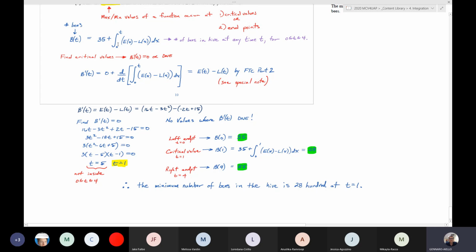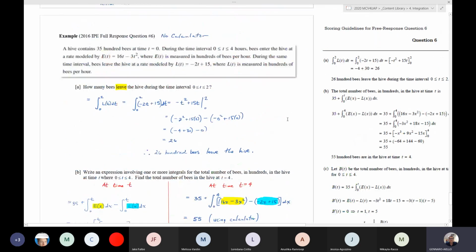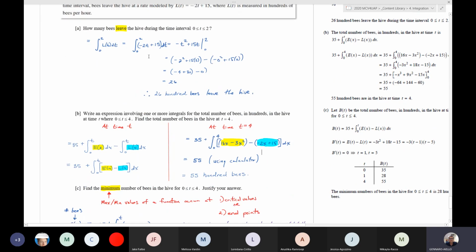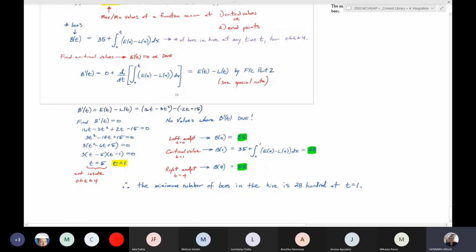Okay, so that's 35 plus the integral from 0 to 0 of e to the x minus L of x dx. That answer is 35. It's also given to you in the question. There are 3,500 bees at time t equals 0. So we know that right away without even doing anything.